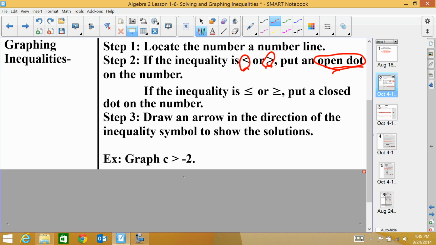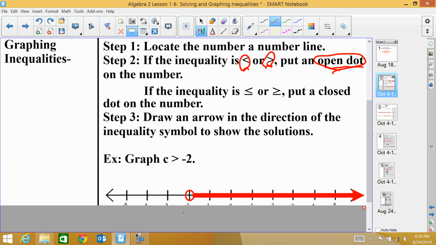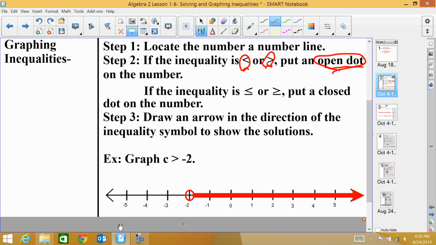And then finally, you have to choose which direction your arrow goes. You'll notice that your inequality points to the right because it's showing greater than. So our graph should look like this. We put an open dot on the negative 2, and the arrow points to the right to show all the numbers that are greater than negative 2. Pretty simple.